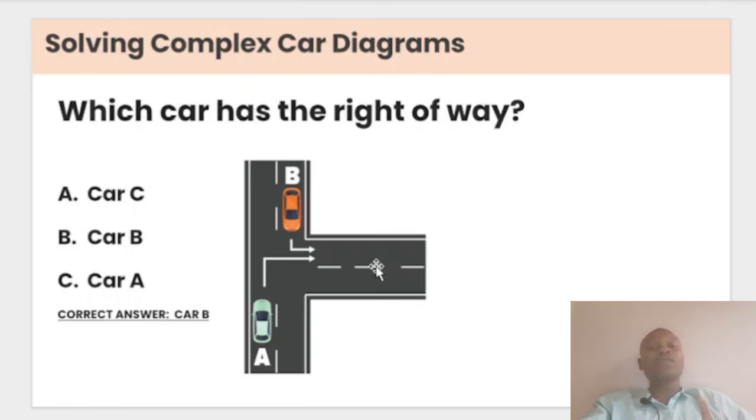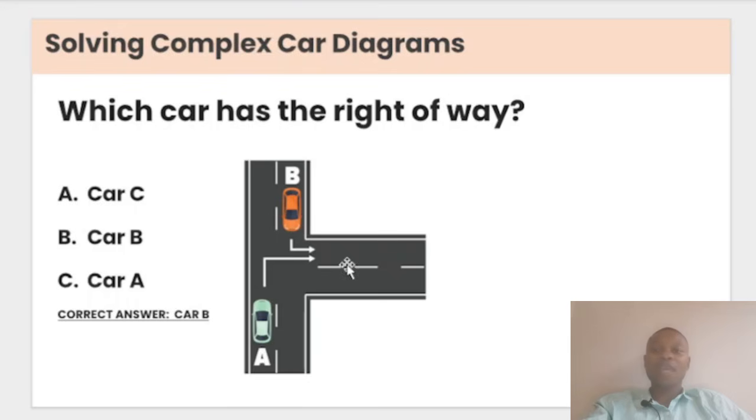It means that we need to find the car that is turning right. Car A is turning right. But what about car B? Car B is not turning right, it's turning left. Do you see that? Which means that car A is the car that cannot turn right in front of oncoming traffic.